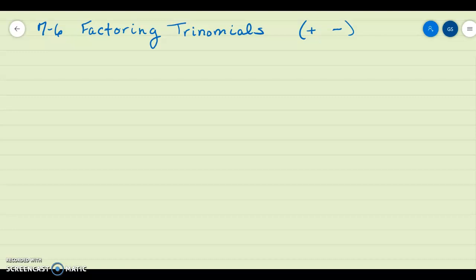First, we're going to start off with the two types of factoring trinomials that we've done so far. Number one is x squared plus 6x plus 8. Sorry.